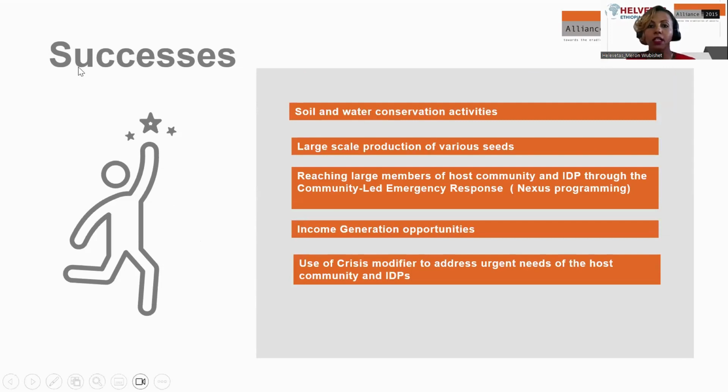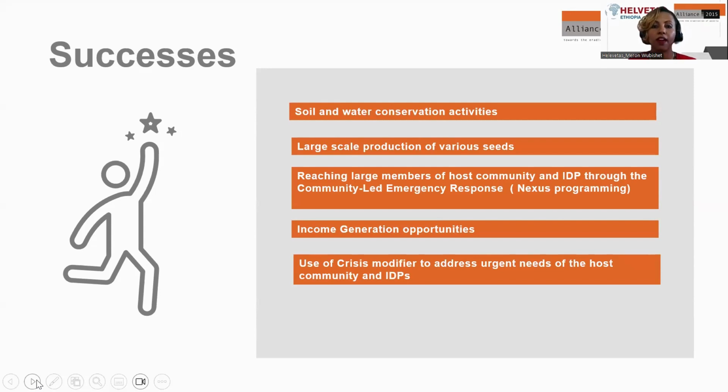So the success, well, as we implemented the project around Simien Mountains, the soil and water conservation activities, we see promising results, and also large scale production of various seeds, because again, as part of promoting different nutrition dense seed varieties, we collaborate with the Agriculture Research Center.